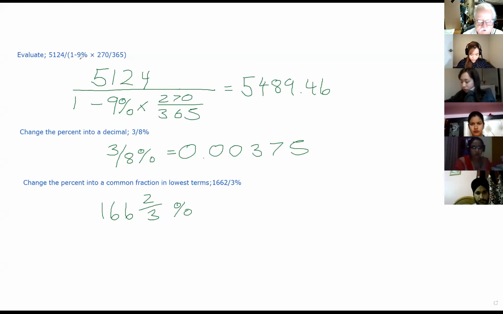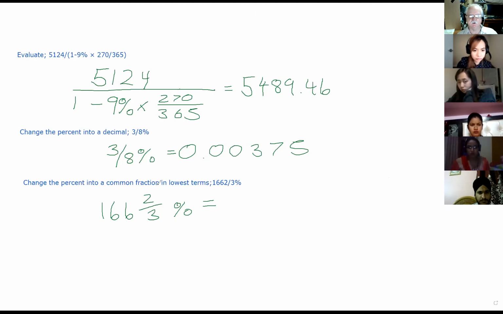So, any good guesses as to what this is? Yes, we're changing it into a common fraction.